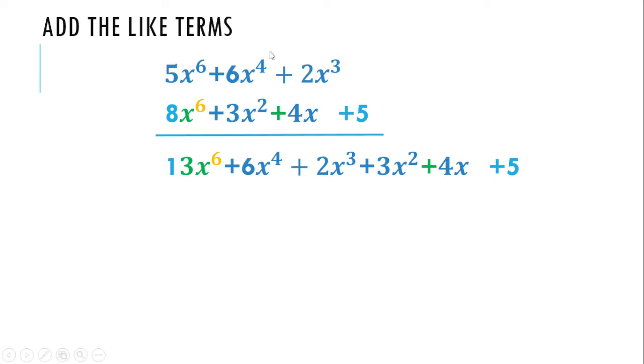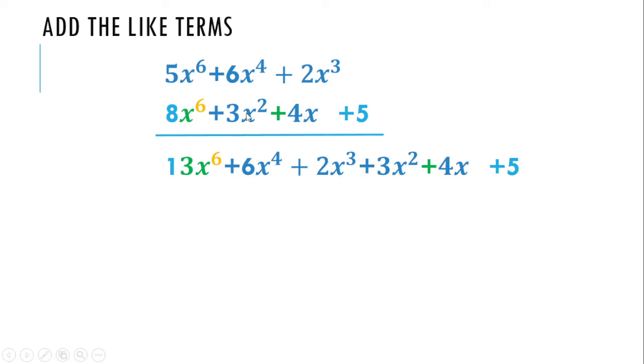So we write 6x raised to 4 to the result. Then that pointer will be moved to the next term of the polynomial. Then we compare 2x cube with the 3x square. Which one is greater? 2x cube. So we will write 2x cube to the resultant next.